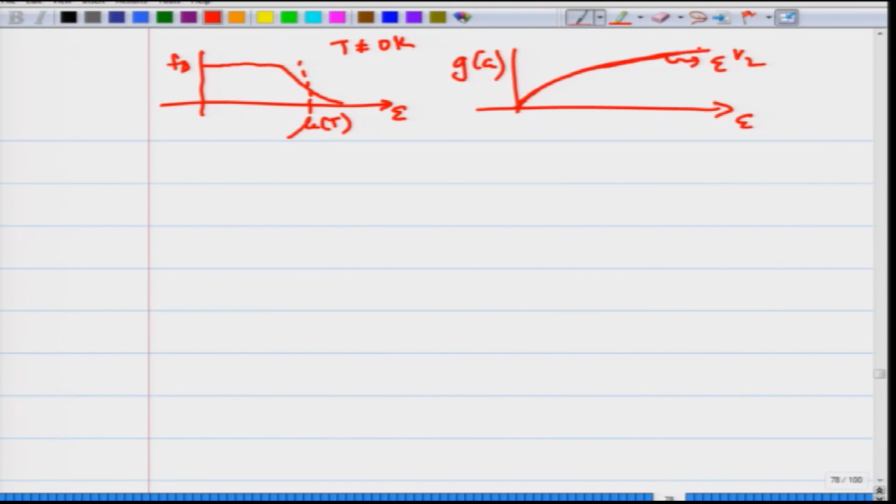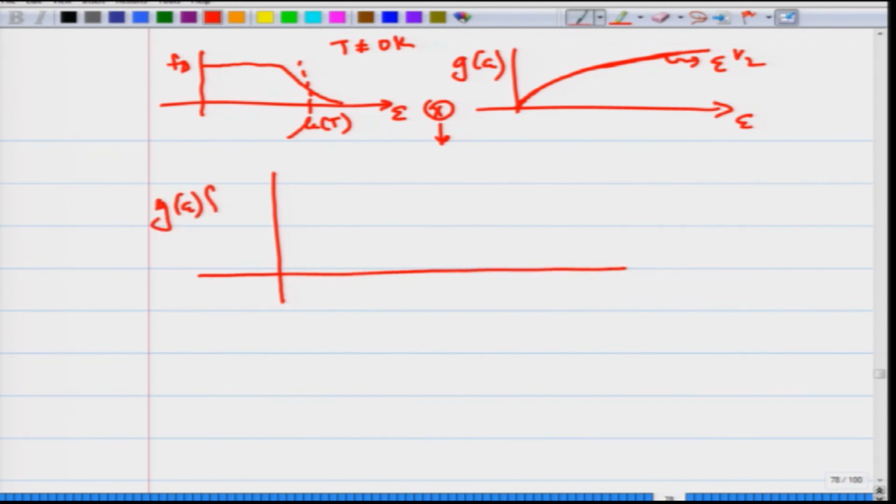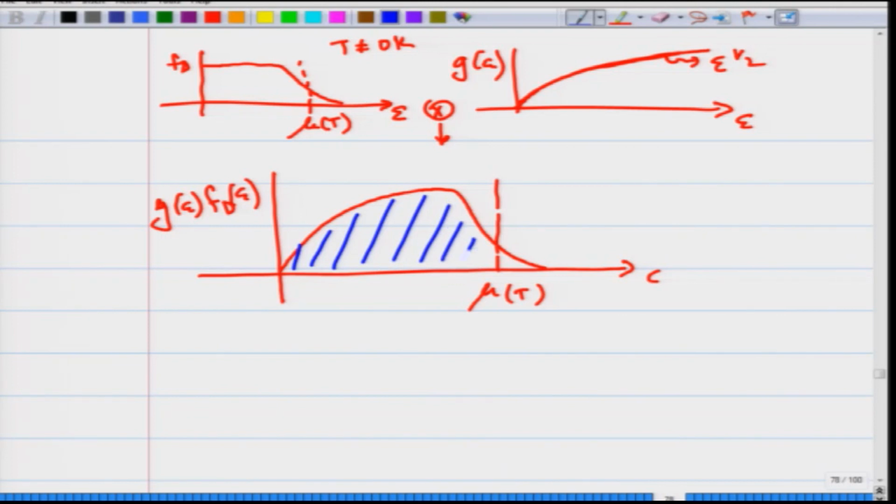If you take the product of these two functions, then the density of occupied states, G(E) f(E) as a function of E, will look slightly different from what I had shown you for temperature T equal to 0, where this is the chemical potential mu at T, and all of this is occupied and these are vacant.